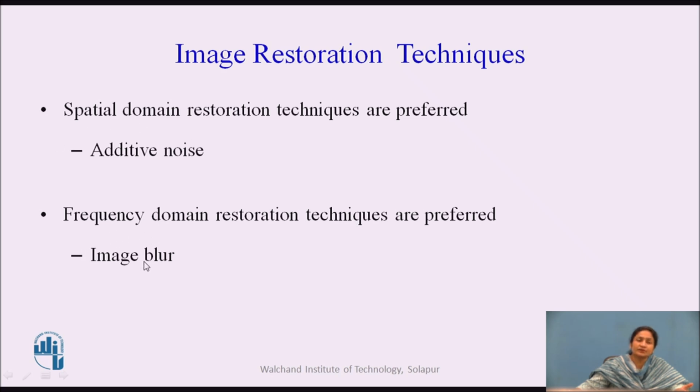Usually image blurring is not modified in the spatial domain, so we apply filtering operations in the frequency domain to improve the quality of the image.